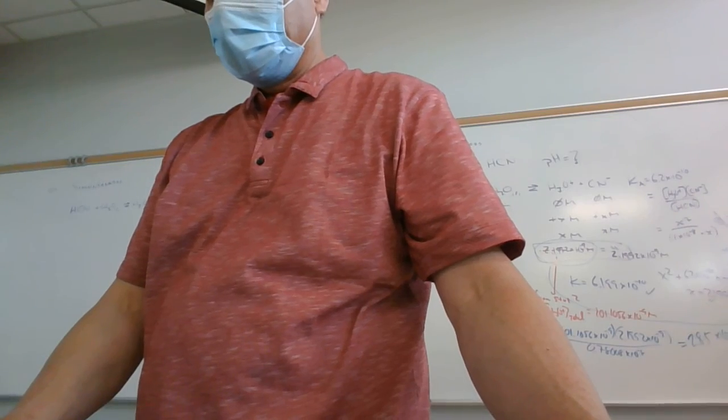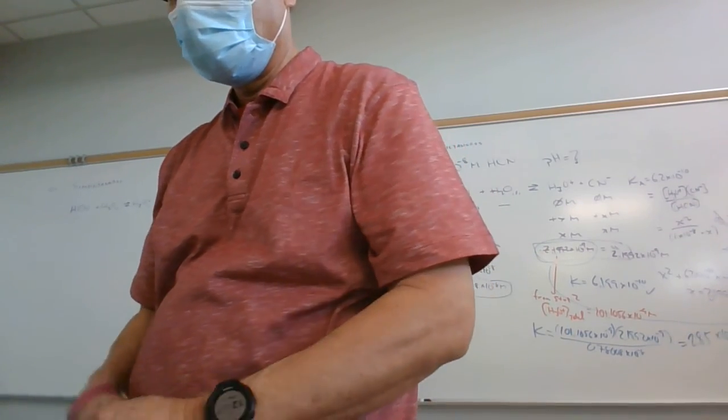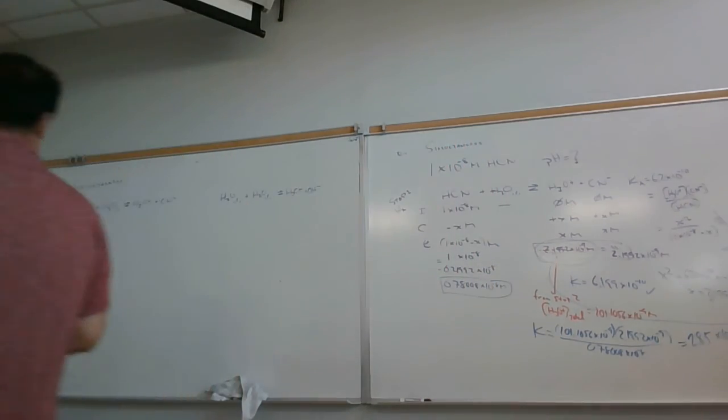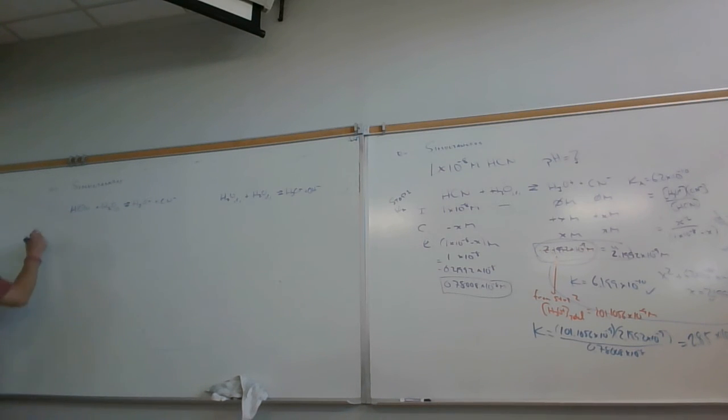All right, so initially we have 1 times 10 to the minus 8 molar HCN. Water is a pure liquid. And then we're going to assume that water's already contributed some hydronium. Now, how much hydronium are we going to get from water? I'm just going to call that Y molar.